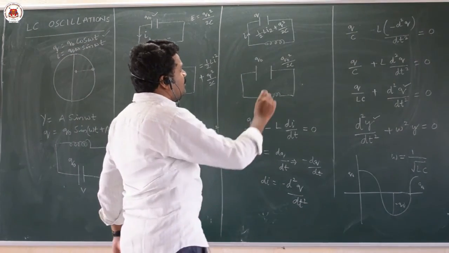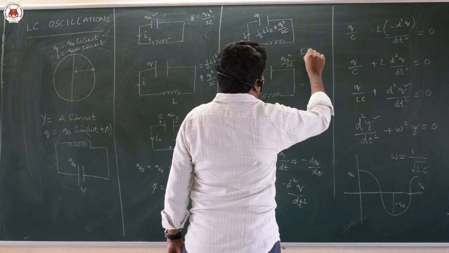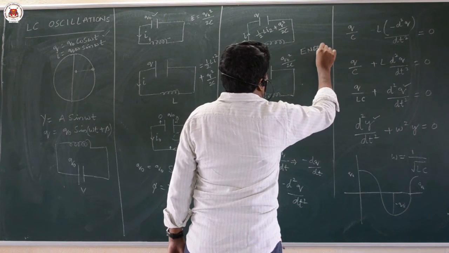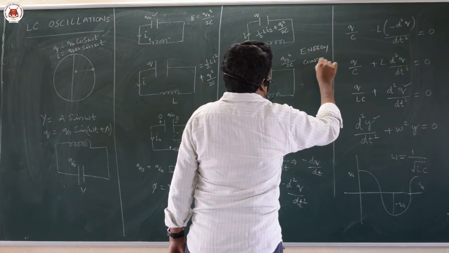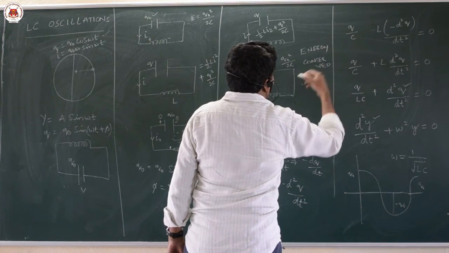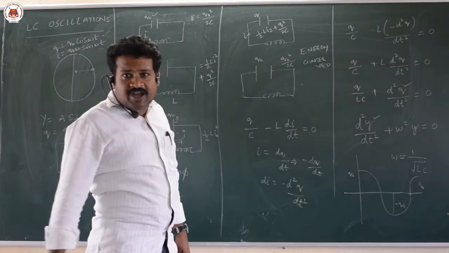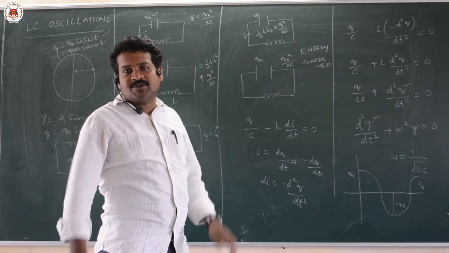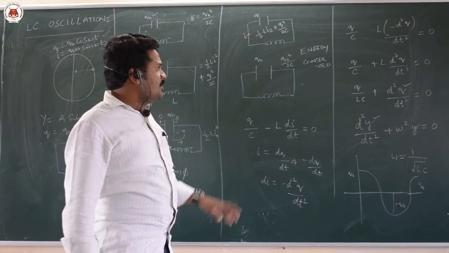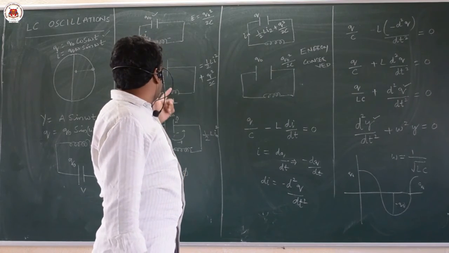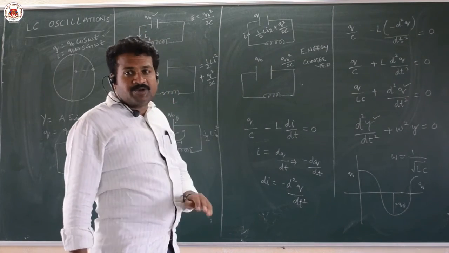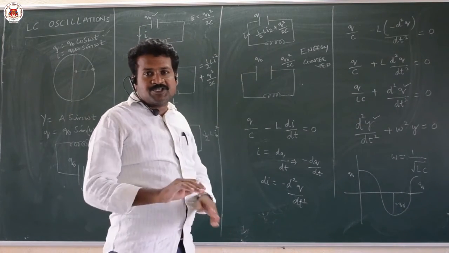And in this we will consider that energy is conserved. Energy is conserved when there is no resistance in the circuit and no radiation is lost in the form of electromagnetic waves. Energy first associated with the capacitor converts to the inductor, again from inductor to capacitor, and capacitor to inductor.